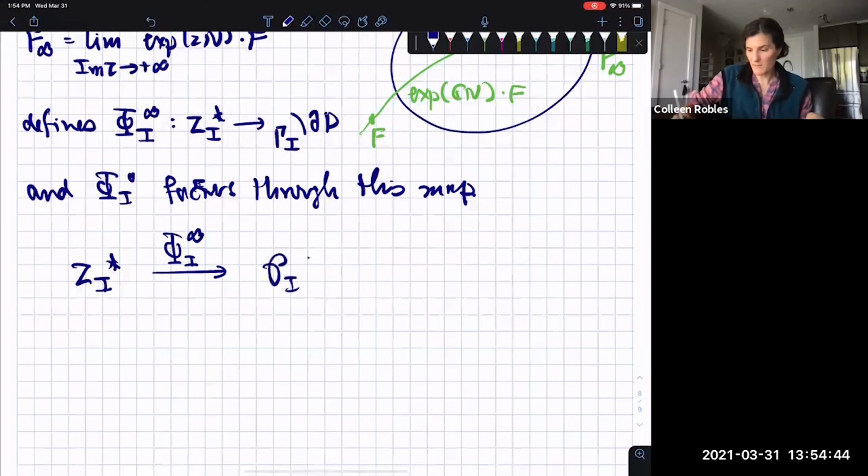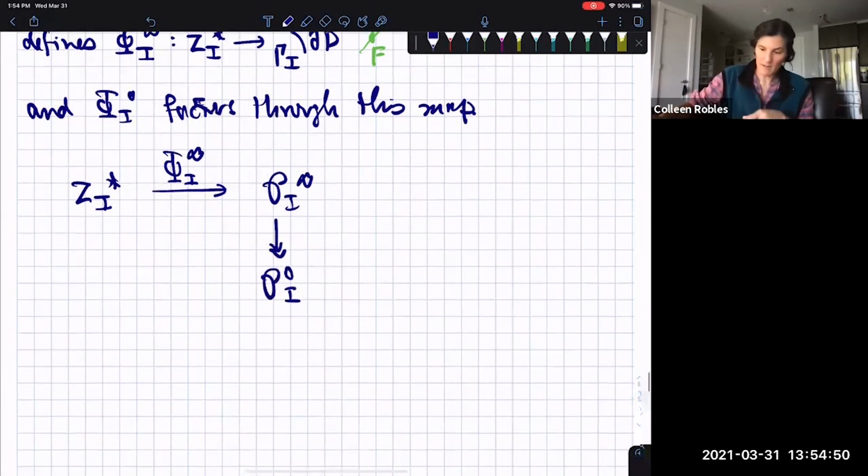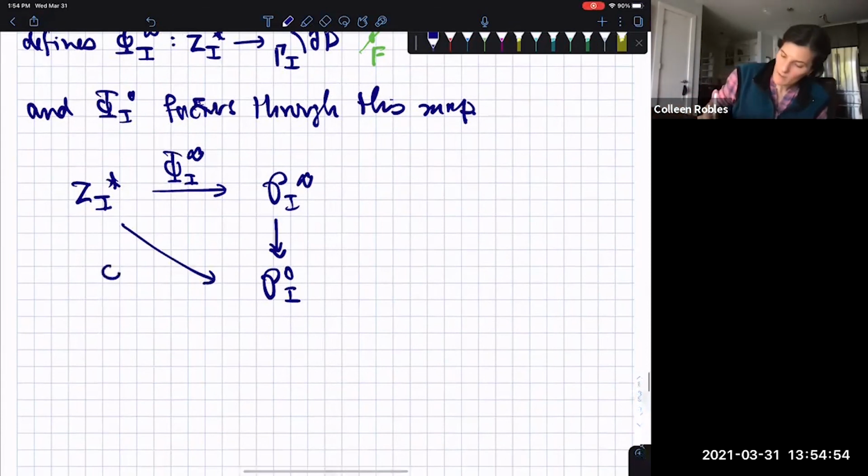Okay. So we have a picture that looks something like this. Let's call the image of these two maps P, and P infinity and P naught I. Okay.